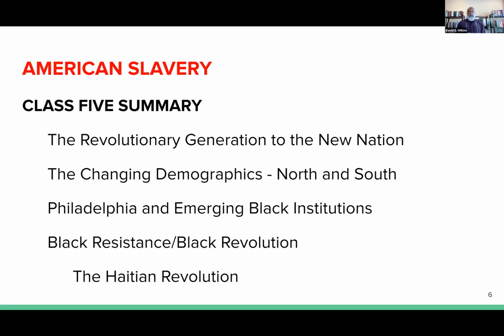Certainly after the cotton gin, the emergence of the cotton industry. But again, we see other instances in Class 5 of Black resistance and attempts of revolts. We'll look again at those as we get into Class 6.